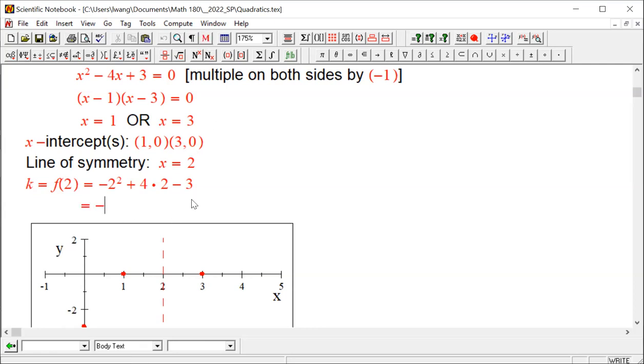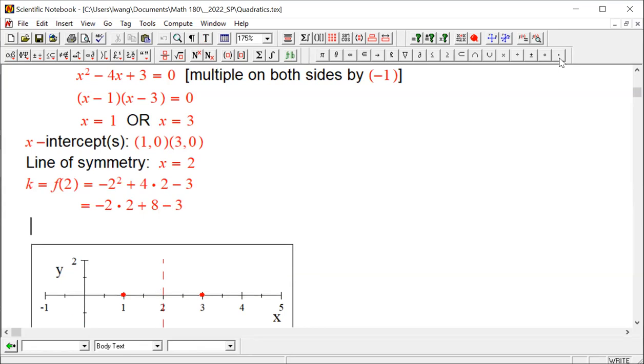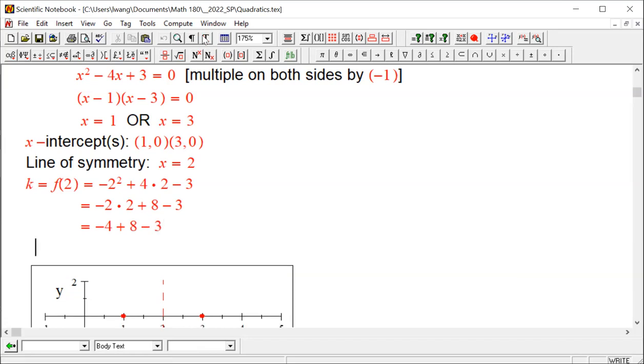So it's gonna be -2 times 2 plus 8 minus 3. So this first term is equal to -4 plus 8 minus 3. And in the end, what we get is +1.